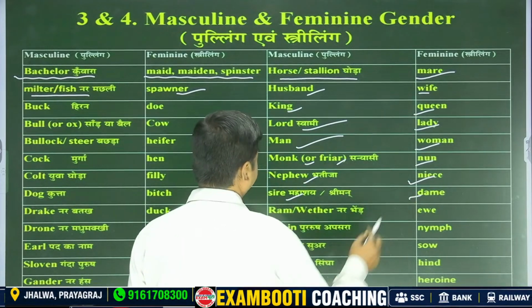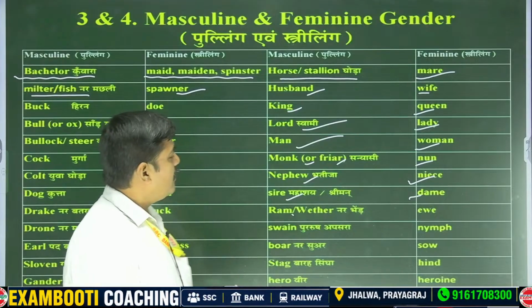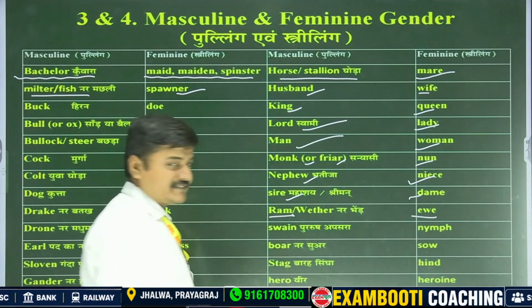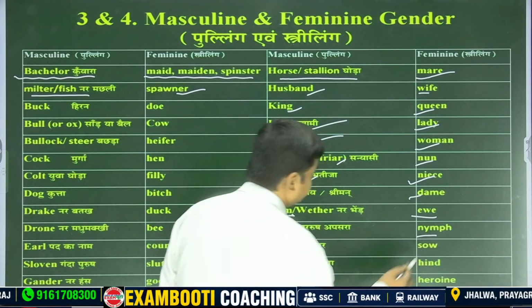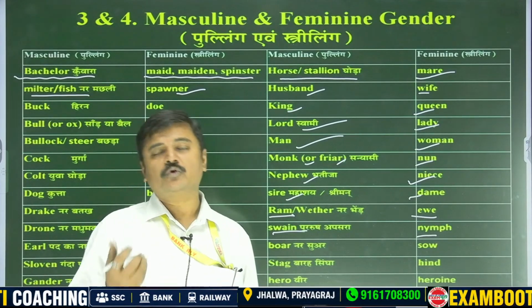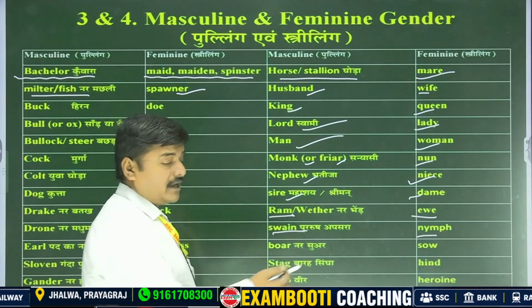Sire and dame, nobody knows. So you have to focus here. Sire and dame. Now, ram and ewe, we discussed yesterday. Swan and nymph. This is also not so common that everybody knows this. Boar and sow.